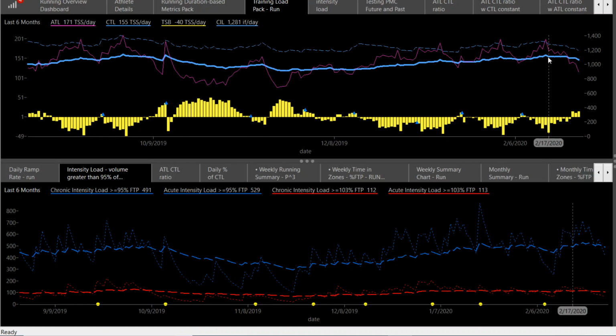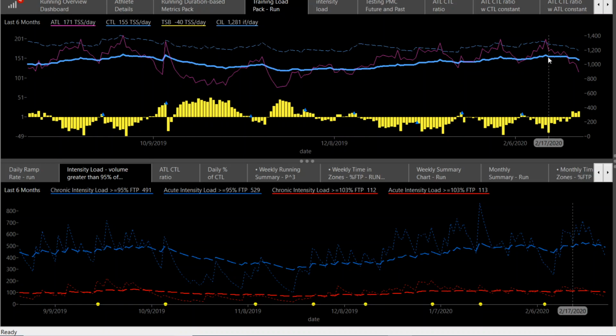It is combining those two elements into a training load metric, TSS or RSS. The thing is that not all TSS or RSS is created equal.